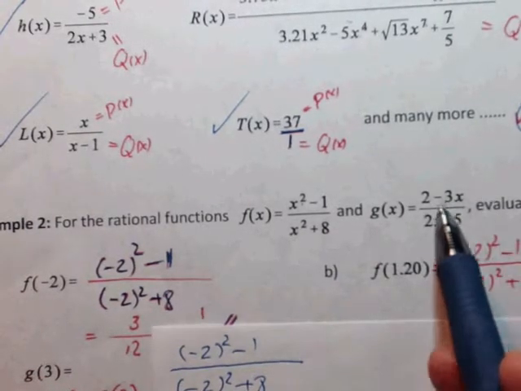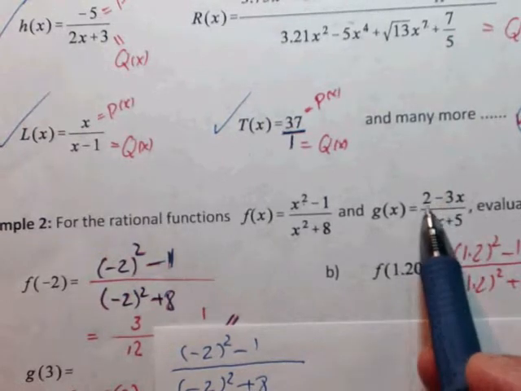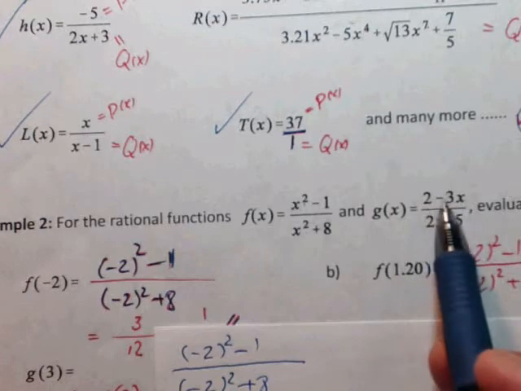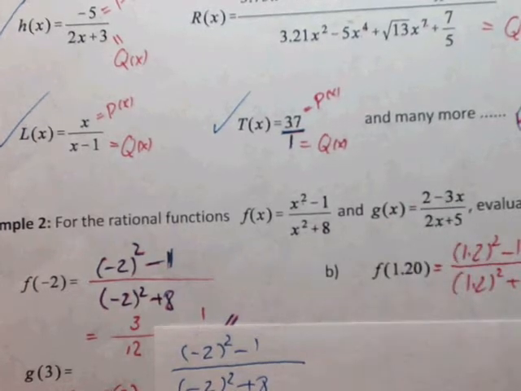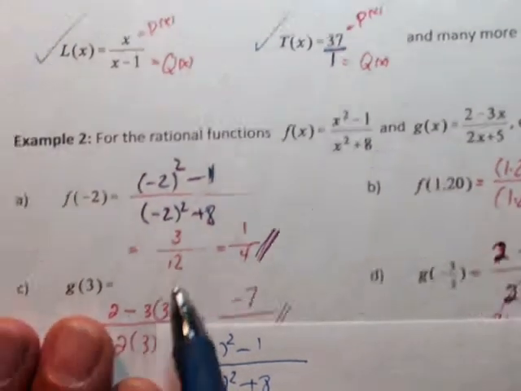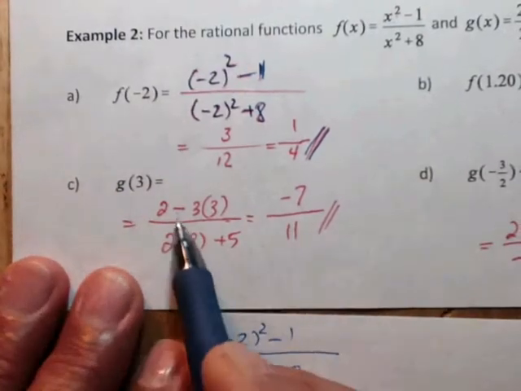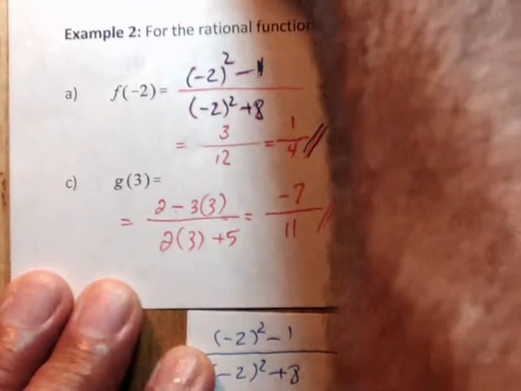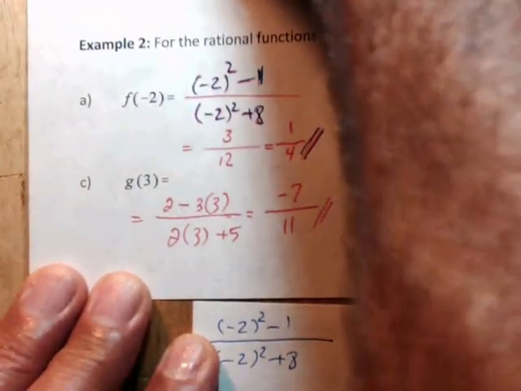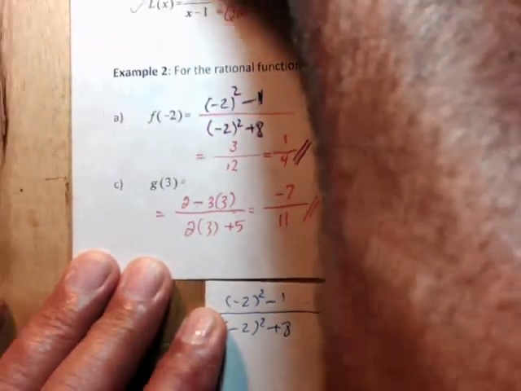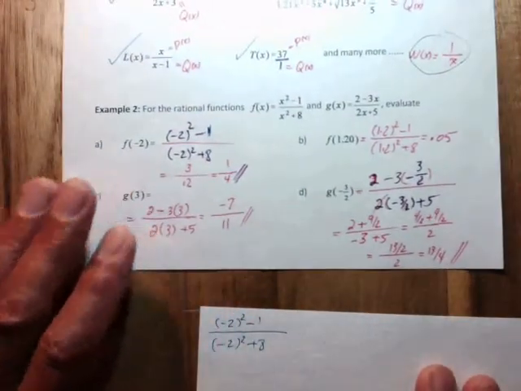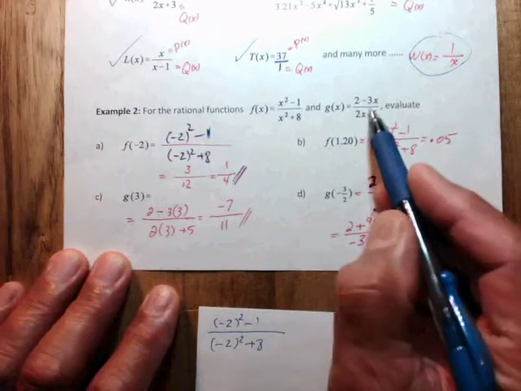g of 3 means in g replace x by 3. So I have 2 minus 3x, so it's 2 minus 3 times 3. See, everything together. This is g, see.